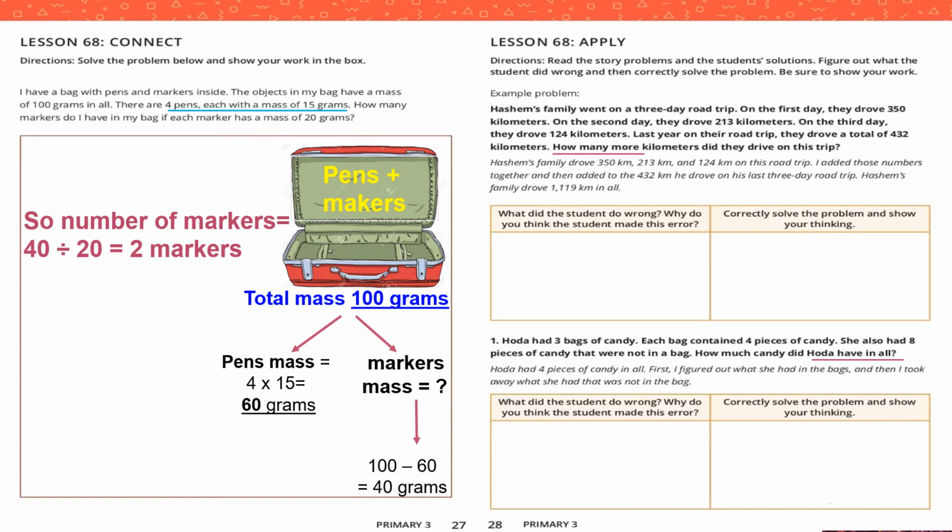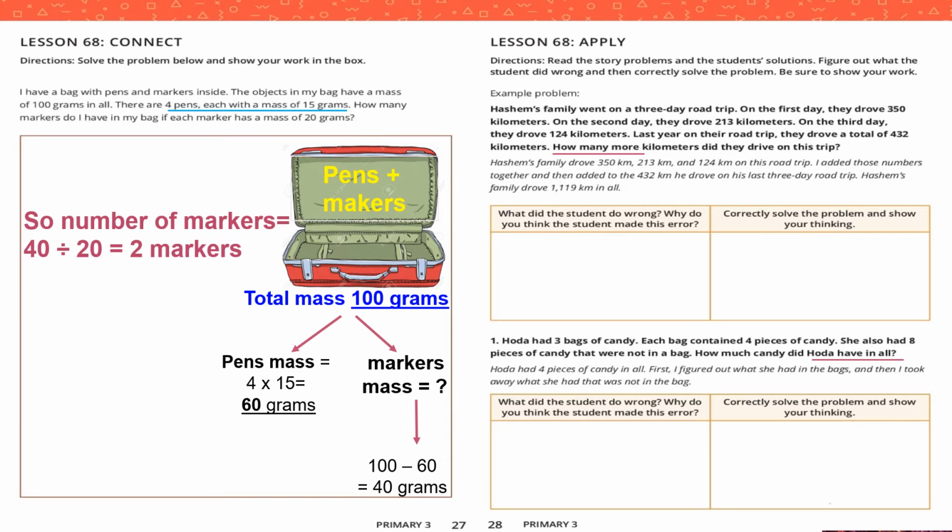If I wanted to know the total distance they drove this year, I would add all of them: the first day with the second day and the third day.